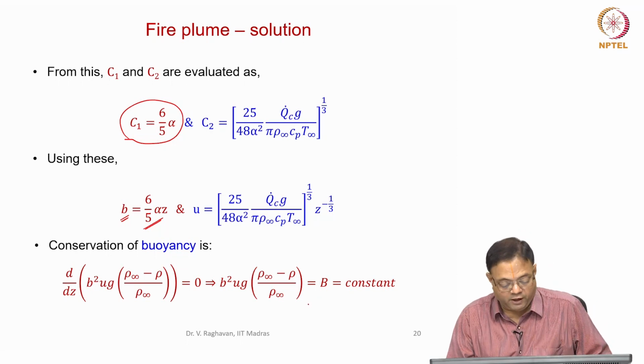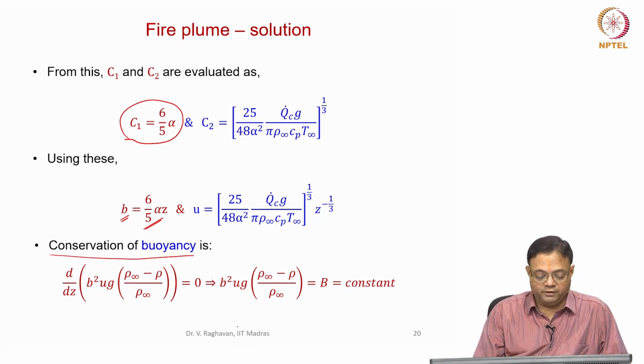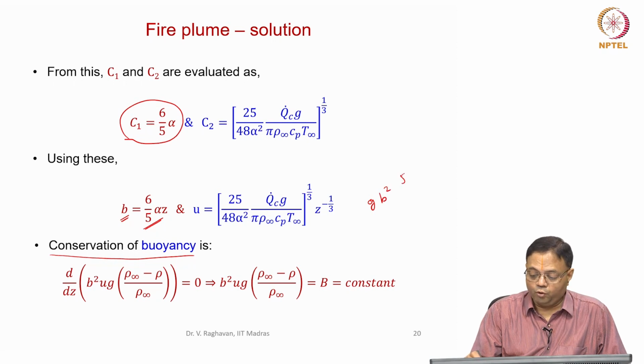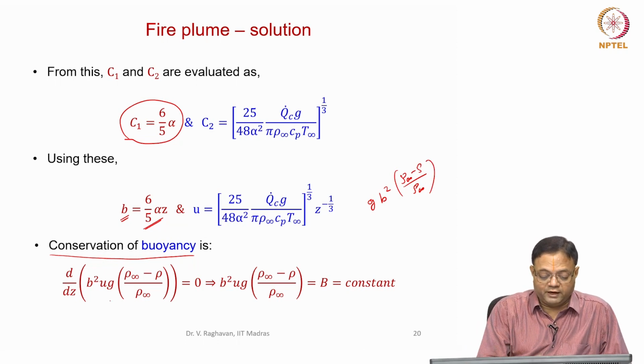Now we continue here. What is the conservation of buoyancy? We have seen the buoyancy term is g b square rho infinity minus rho divided by rho infinity. Now this is the convection term for the buoyancy.